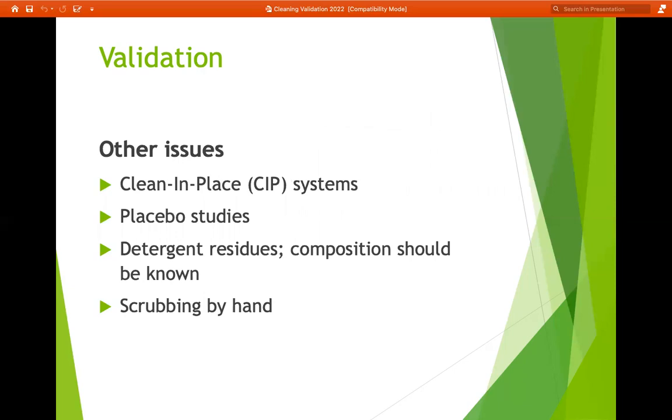Other issues: clean-in-place, CIP, systems must be validated very carefully. But they give very good results compared to manual cleaning, because once you have a CIP system and you validate it with the pressure, the sprinklers, the movement of the sprinkler, the pressure of the water, and all these parameters, there are no chances of variation in the cleaning method.